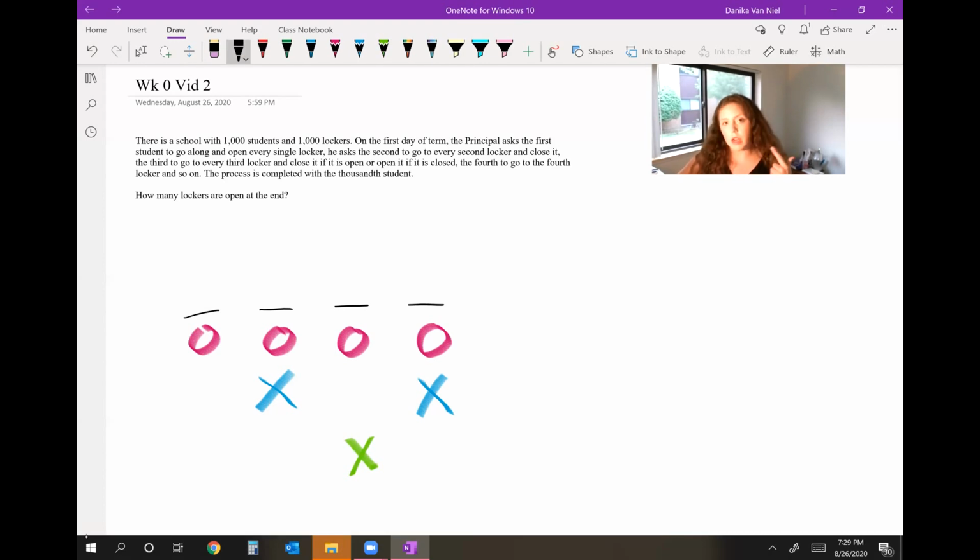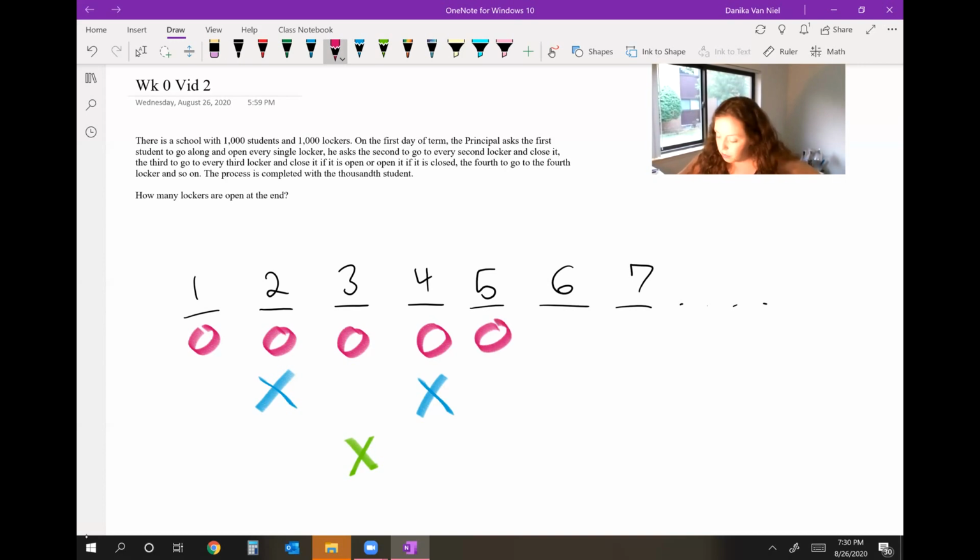Okay, so let's see. So the next one that they're going to hit is the sixth one. So let's see what happens with the sixth one. So 1, 2, 3, 4, 5, 6. Let's just do 7 for kicks and giggles. Okay, so our first student went through and opened all of them.